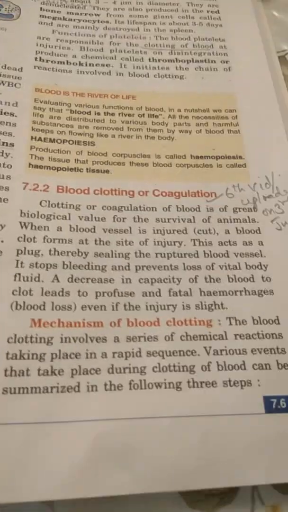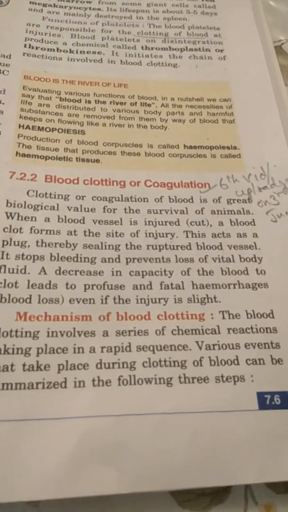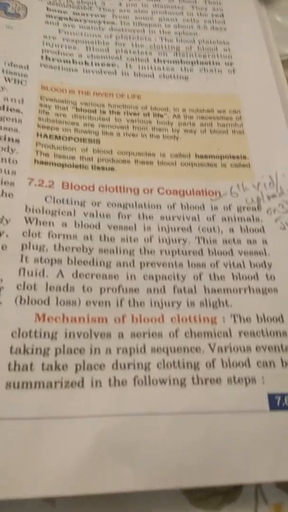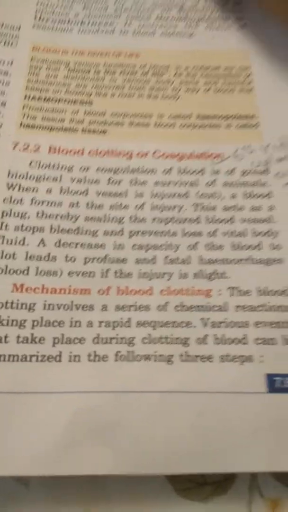The mechanism of blood clotting involves a series of chemical reactions taking place in sequence one after the other quickly. Various events that take place during clotting of blood we can study in 3 steps.